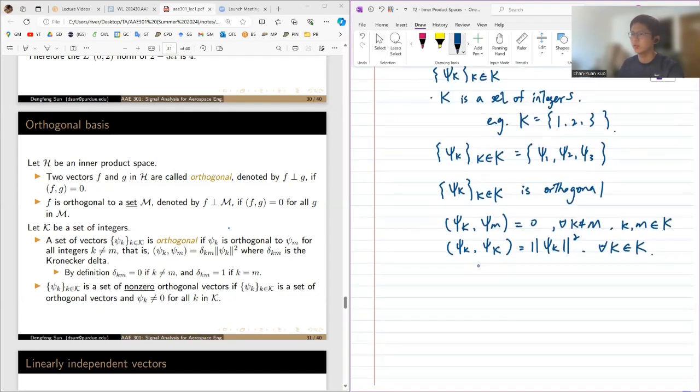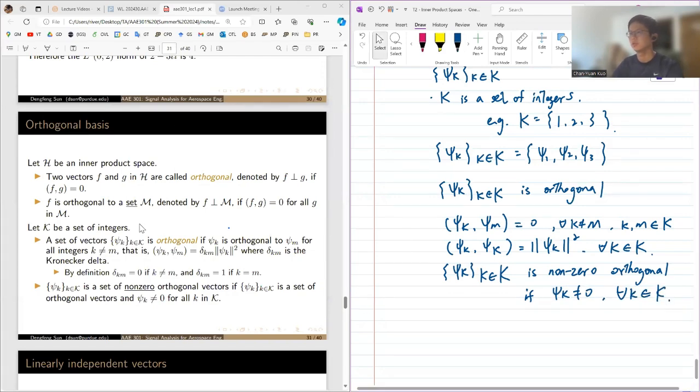And furthermore, we say that this set psi k, k in kappa, is a set of non-zero orthogonal vectors if all the vectors in this set are non-zero. So that is, psi k is not 0 for all k in kappa. Okay.